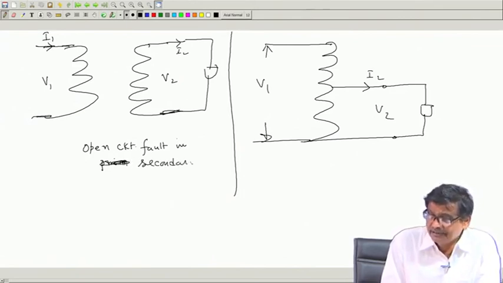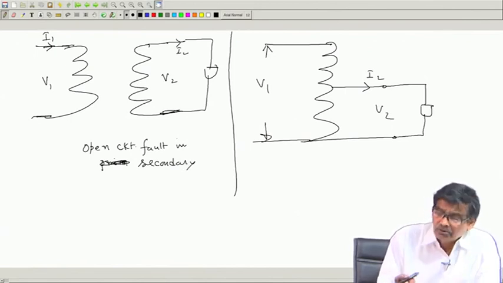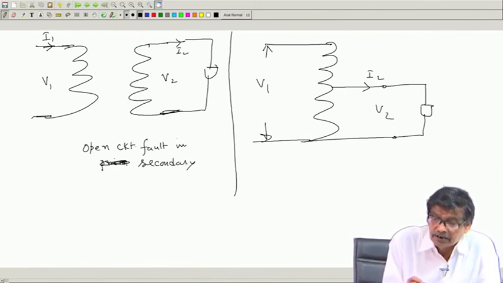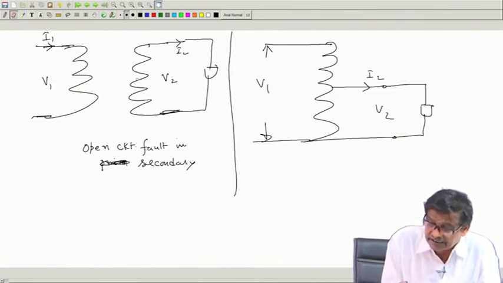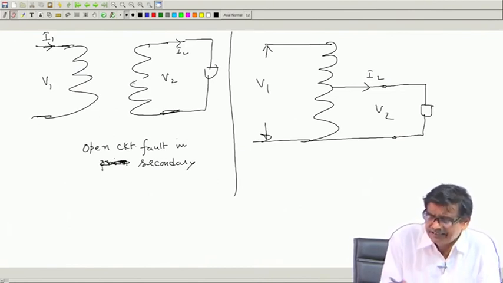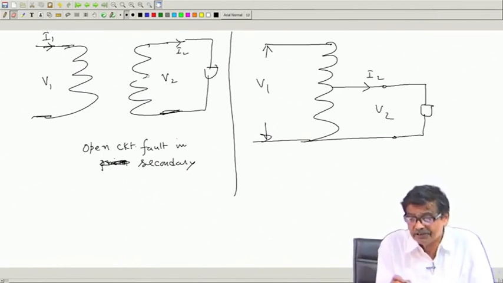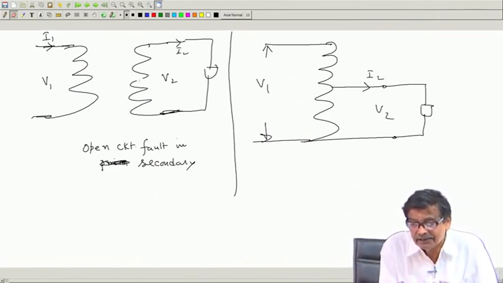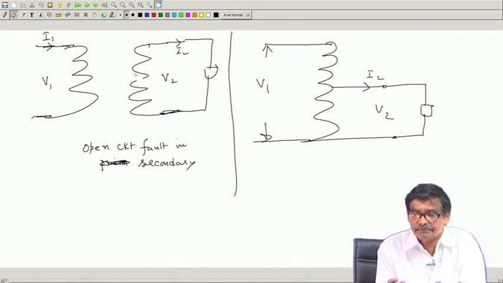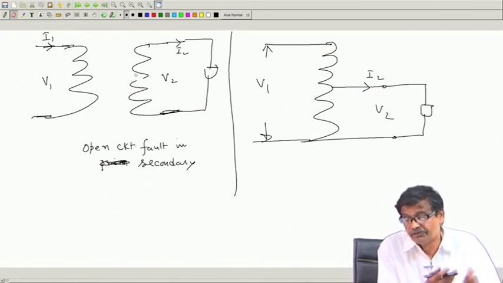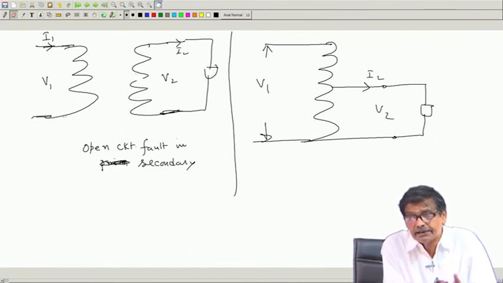A fault has occurred which creates an open circuit here. Excessive current was flowing for some reason, and the winding has become open, which you cannot see from outside. Primary remains energized.